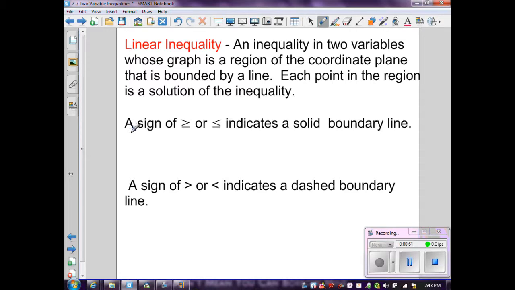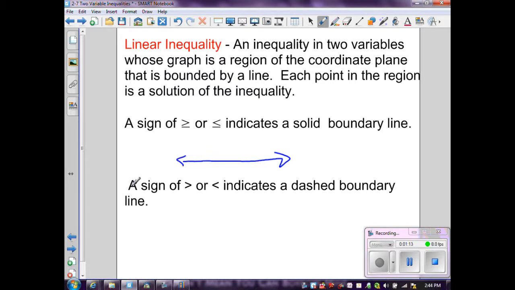When we're given an inequality, we're given options. A sign could be greater than or equal to, or less than or equal to, and that indicates that when I graph the line, it's going to be a solid boundary line. In other words, it's going to look like we have in the past, just a solid line. This tells me that all points on that line are part of the solution set.